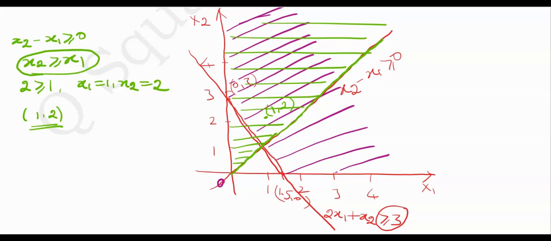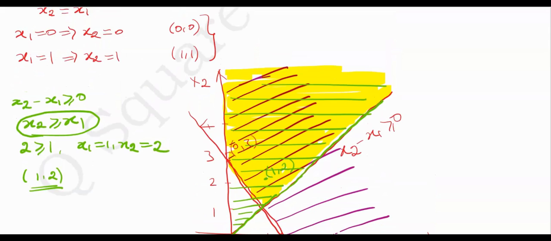Now we have to identify the common region for these two constraints. If you observe this graph, this is the common region for these two constraints, and if you note this common region carefully, it is not bounded by any line, it's going indefinitely, it's increasing indefinitely.